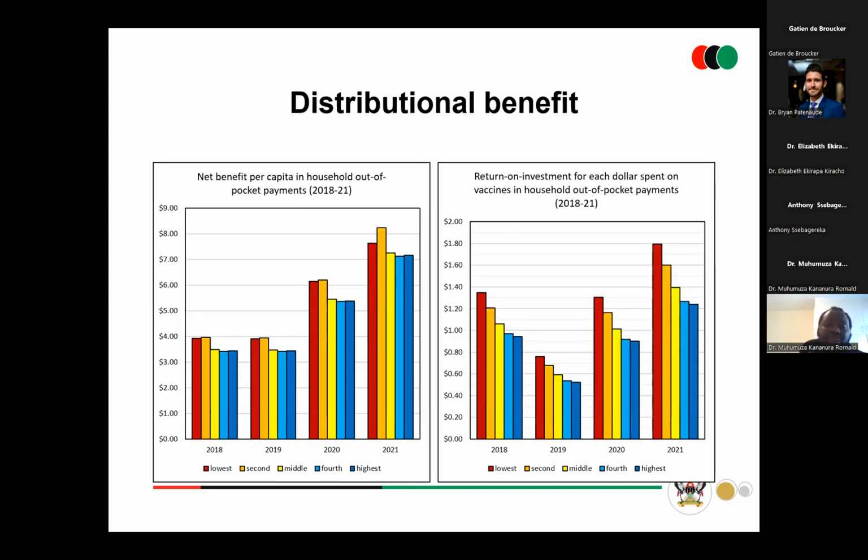And so in terms of distribution cost analysis and net benefit, in terms of out of pocket, we see the net benefit is higher among the lower socio-economic class, and this is almost consistent across the 4 years.